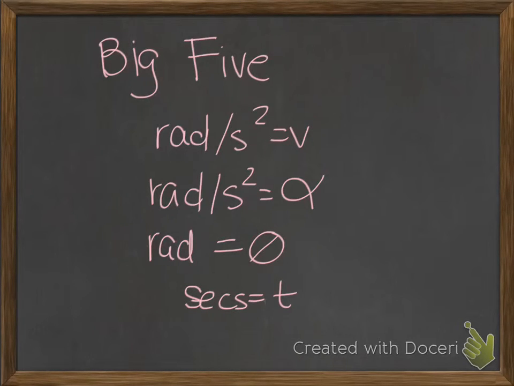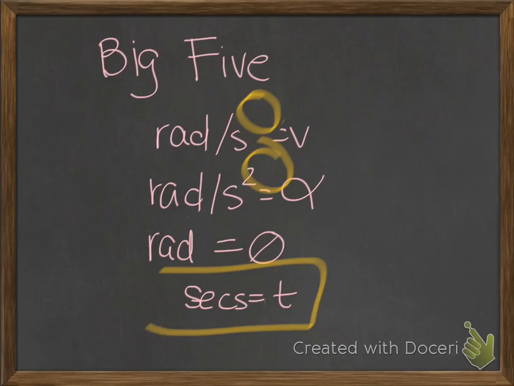But also it can change if they're asking for revolutions, but you just have to keep in mind which is squared and which is singular, and time will always stay the same.